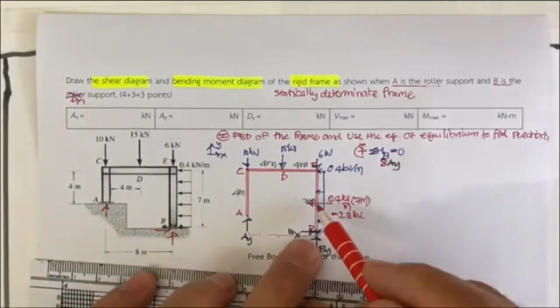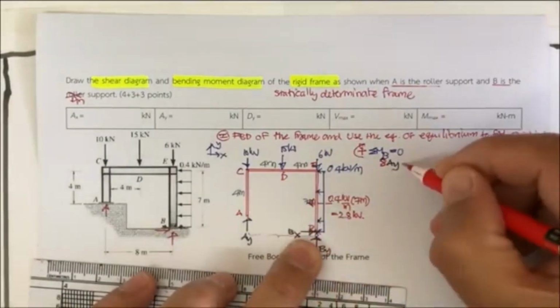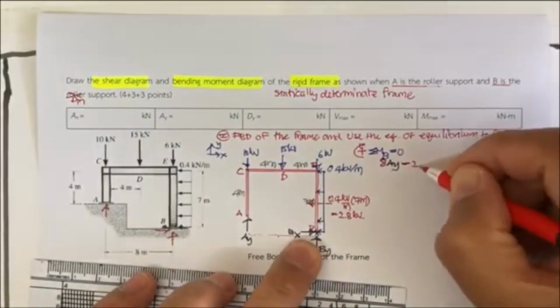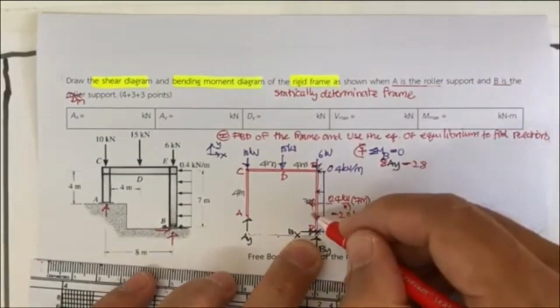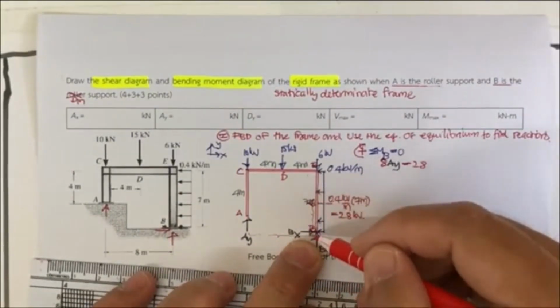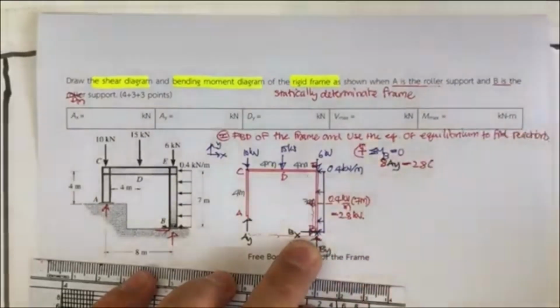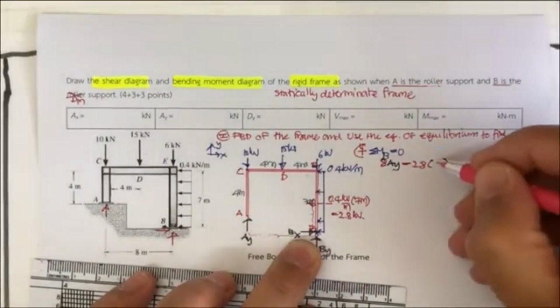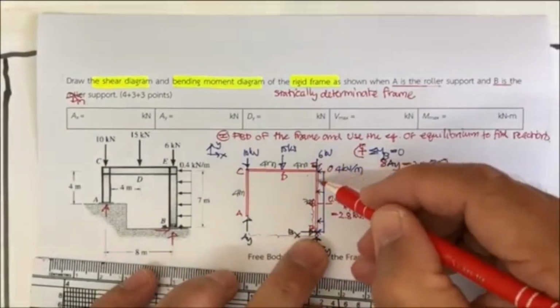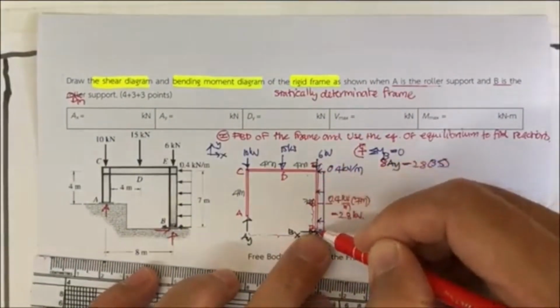This is going to rotate in the opposite direction of A sub Y, so it's minus 2.8. The moment arm is half of the 7 meter, so times 7 divided by 2, that's 3.5 meter. And the 6 kilonewton produces no moment here.